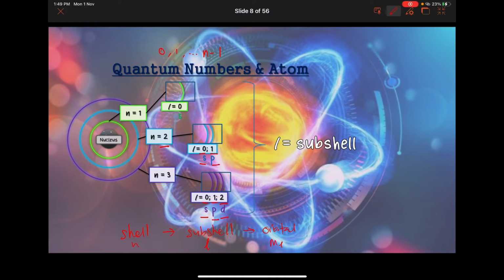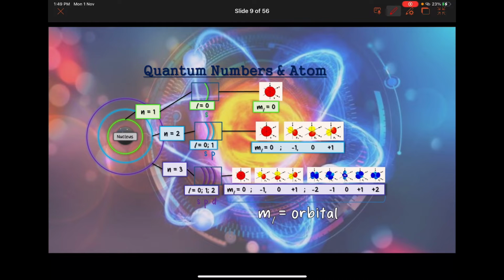Next, from the subshell, we can detect the orbital from the value of ml, which is the magnetic quantum number. The magnetic quantum number depends on the value of L, where the value of ml is from negative L to 0 to positive L. For example, when L is 0, ml is 0.